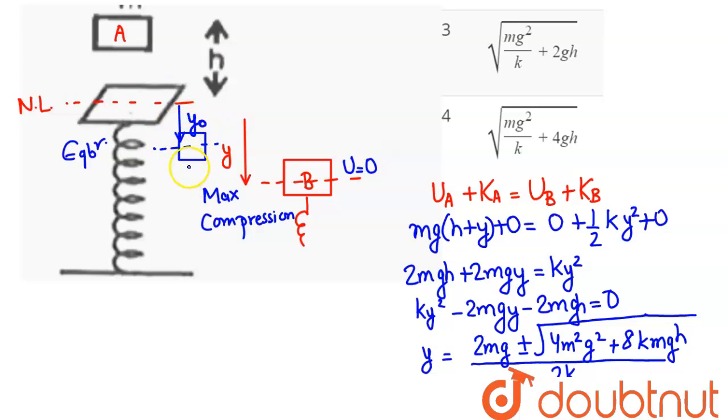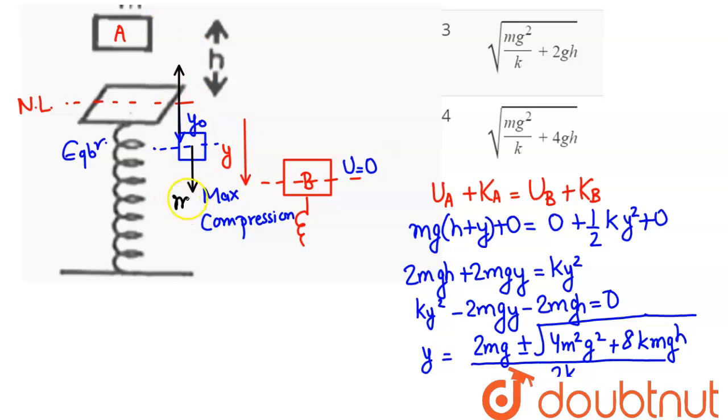At equilibrium position, the spring force is acting in upward direction with magnitude k into y0, being balanced by its weight mg.